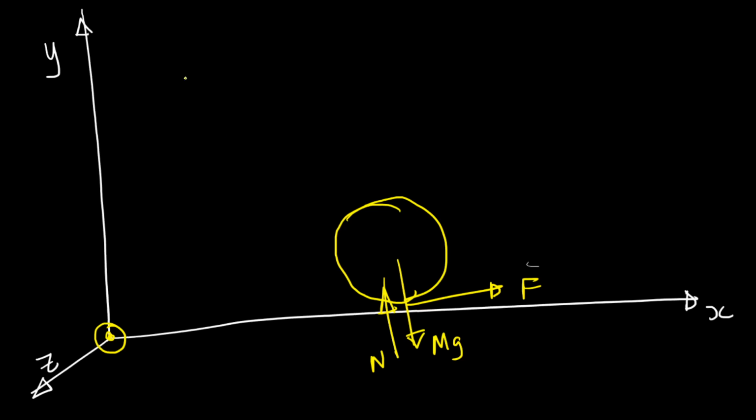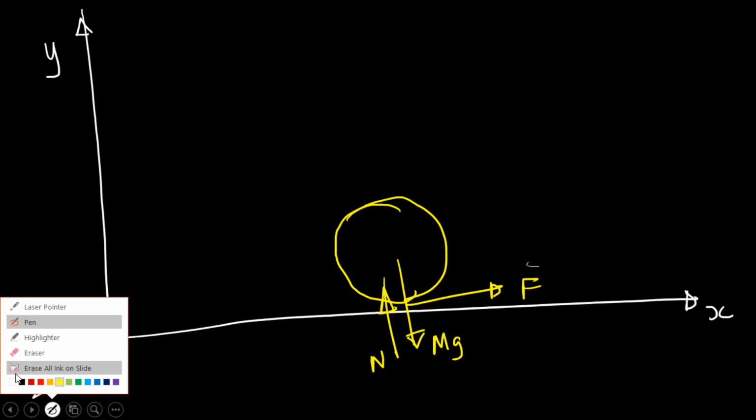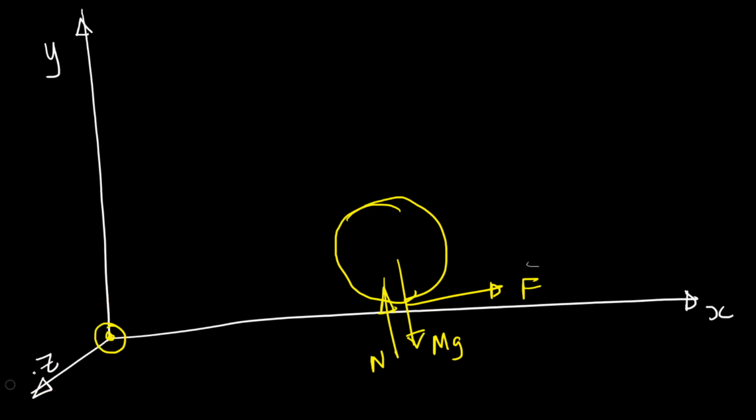Now the first problem is, what is the torque about this origin? The torque due to n in the anti-clockwise direction is, if you want, n times this distance, let's call it x.